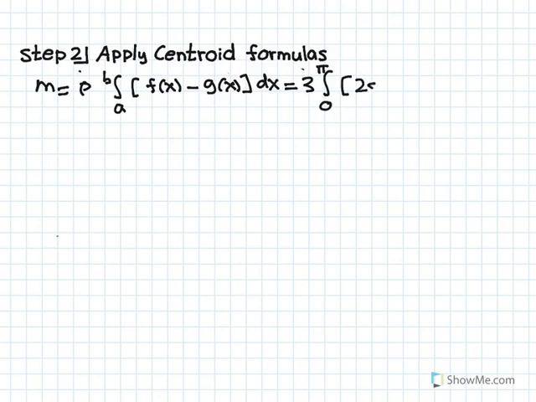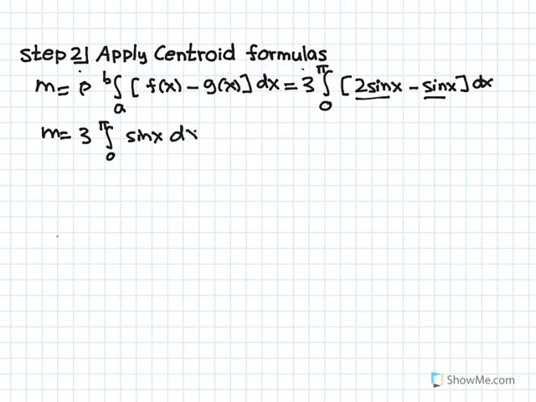Top function, f of x is 2 sine x. Bottom function is sine x. That's g of x. Integrate with respect to x. 2 sine x minus sine x is just sine x. So mass is equal to 3 times integral from 0 to pi sine x dx.